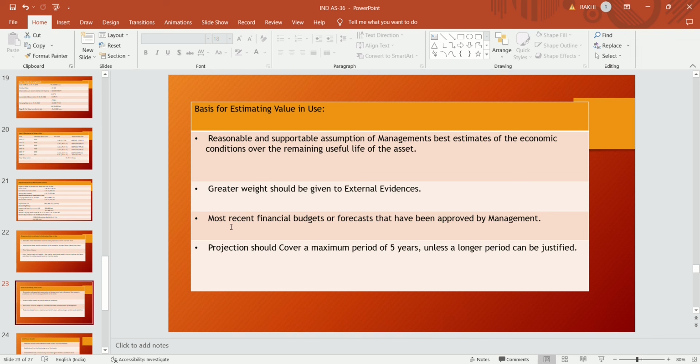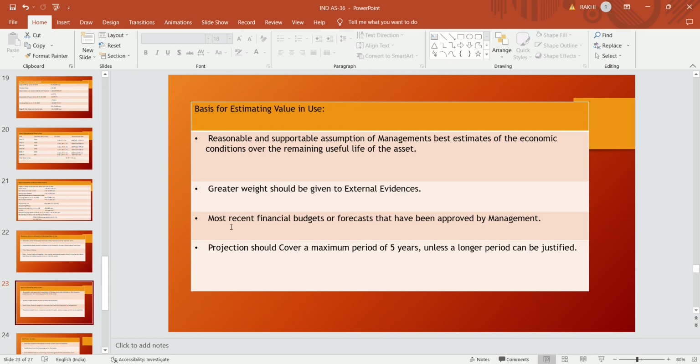Means the evidences should be reasonable and supportable. A greater weightage should be given to the external evidences rather than the internal evidences. The more weightage is to be given to the external evidences.